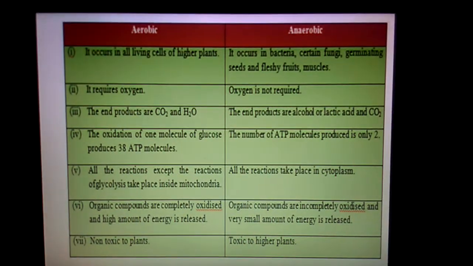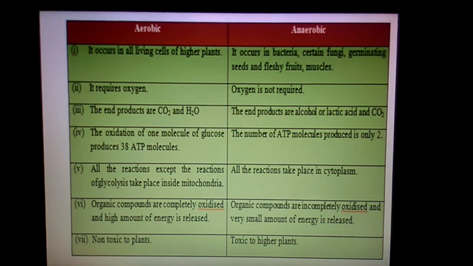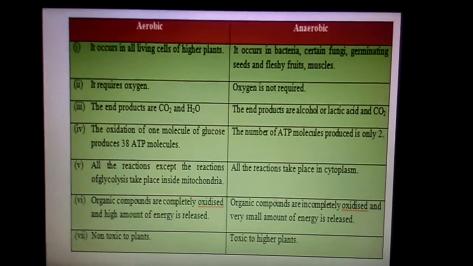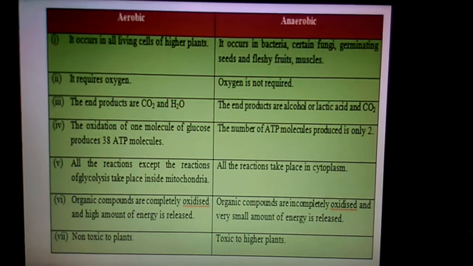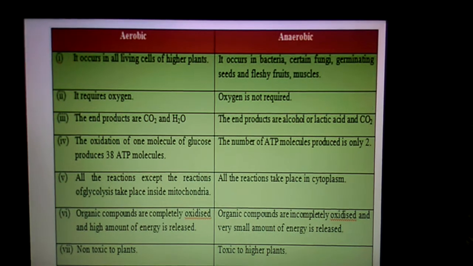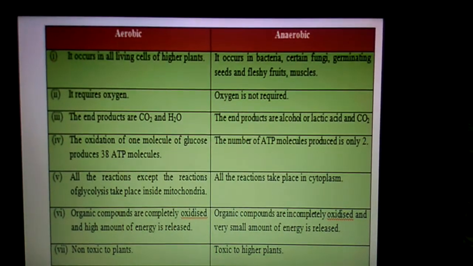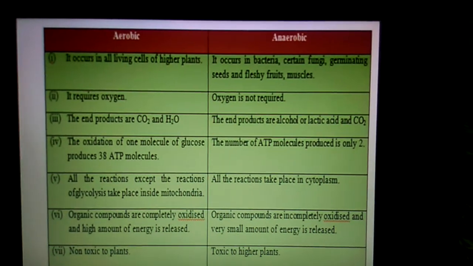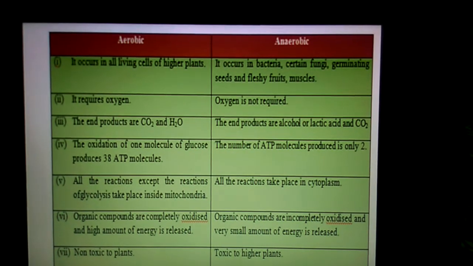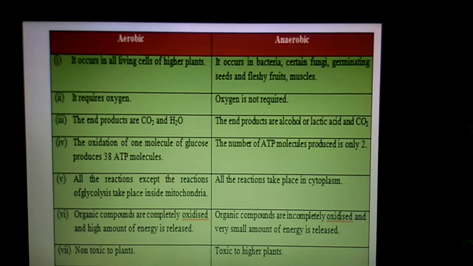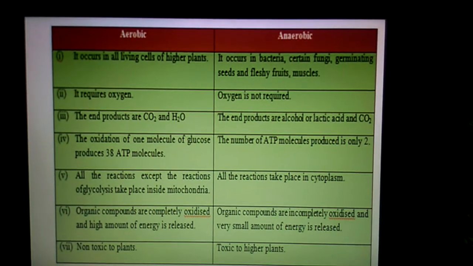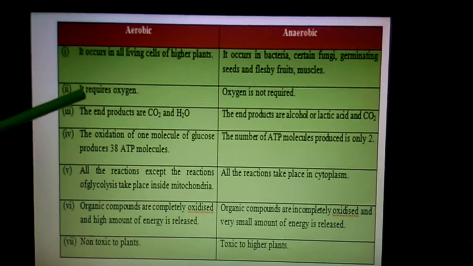Here, the difference between aerobic respiration and anaerobic respiration. Aerobic respiration occurs in all living cells of higher plants. Anaerobic respiration takes place in bacteria, certain fungi, germinating seeds, and fleshy fruits, muscles.